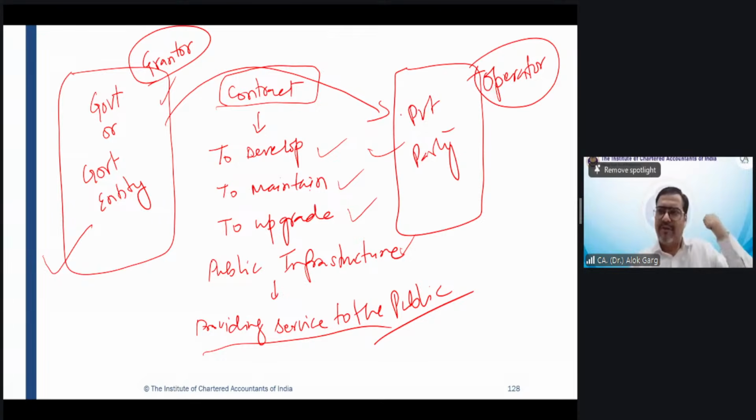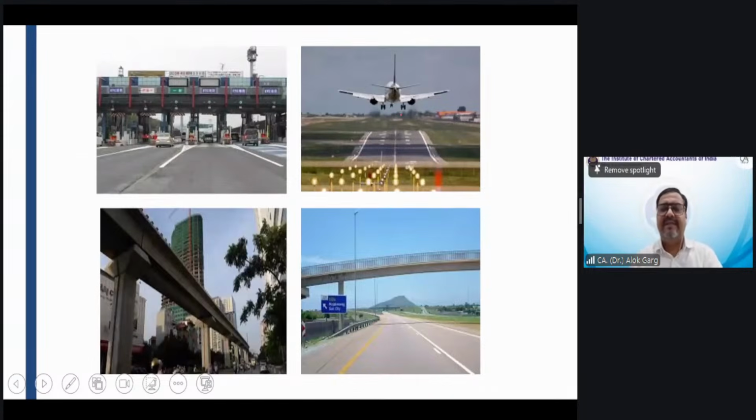NHAI awards contracts to private parties to develop highways, build toll plazas, and collect toll from the users of the service. This is a public-private partnership, and Ind AS 115 talks about the accounting in such cases. The private party is known as the operator, and the government entity is known as the grantor.